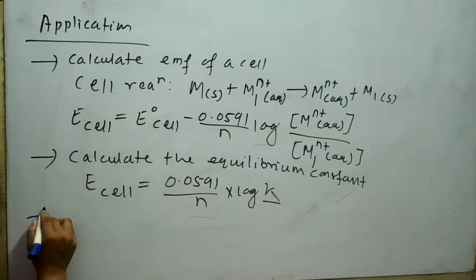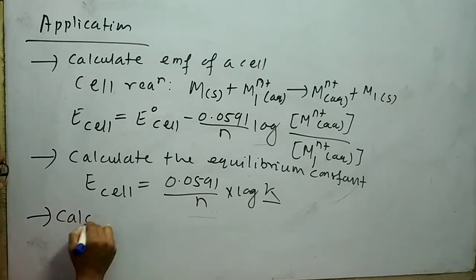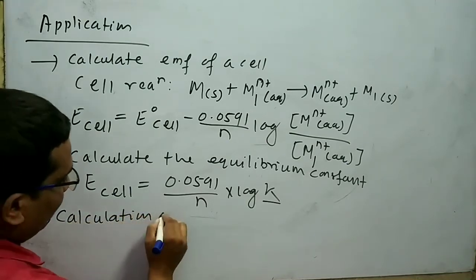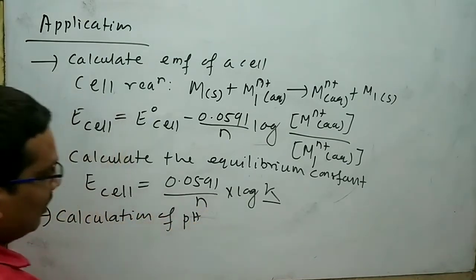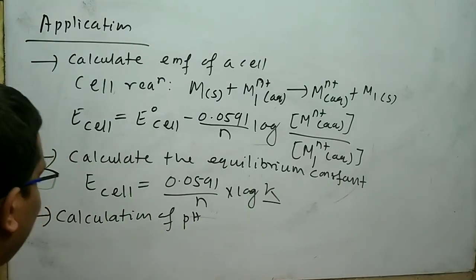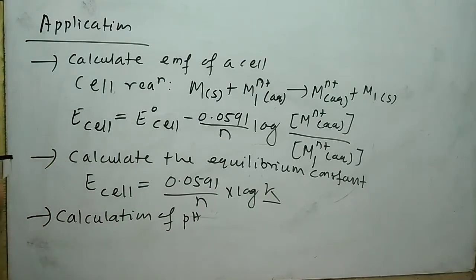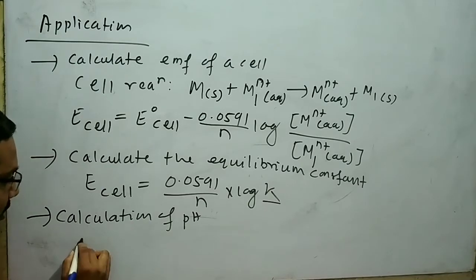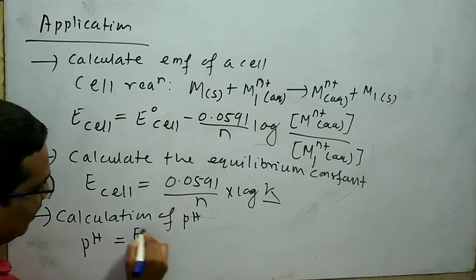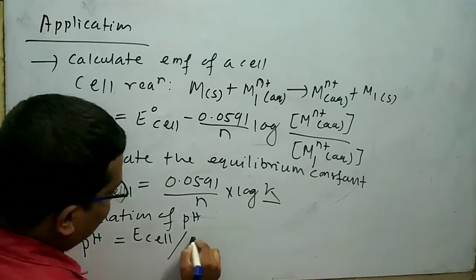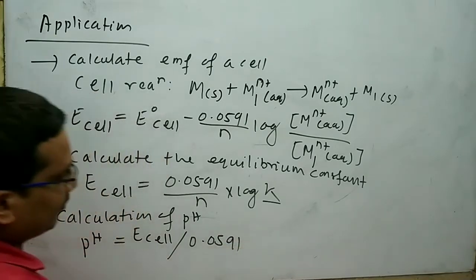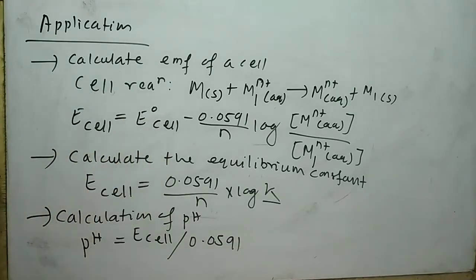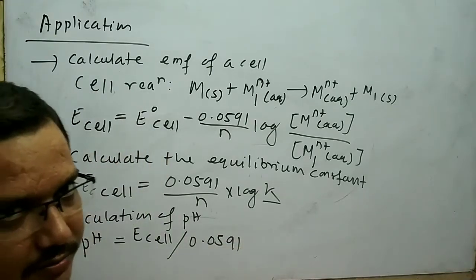The next application is the calculation of pH. For this we can derive a formula from the Nernst equation, that is pH equals E cell by 0.0591. These are the applications of the Nernst equation.